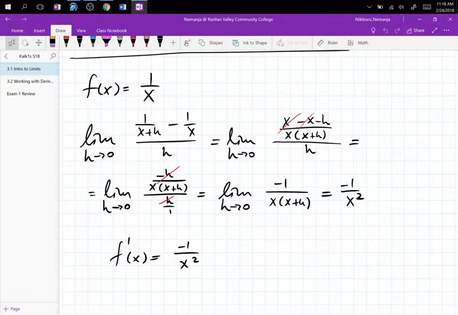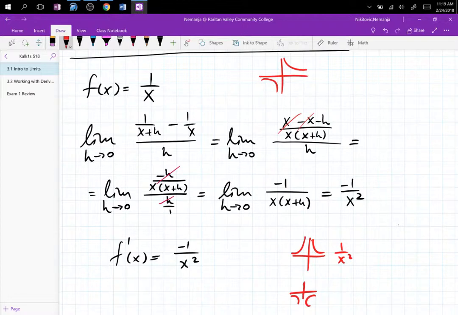Now, we know, because we are mathematicians over here, that's the derivative for 1 over x. And so that's the graph for 1 over x. And this is the graph for 1 over x squared. But we have this negative. And the negative flips on x-axis, right? So it's going to look like this for -1 over x squared.